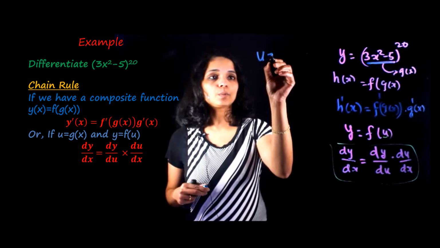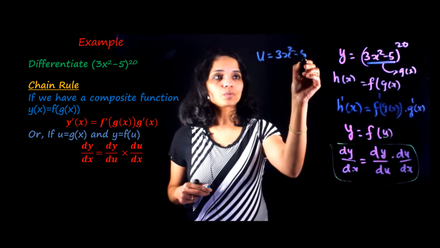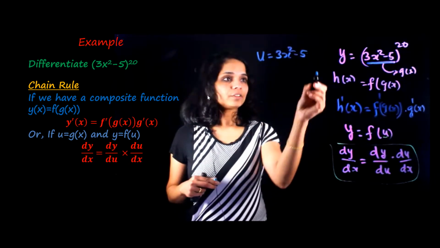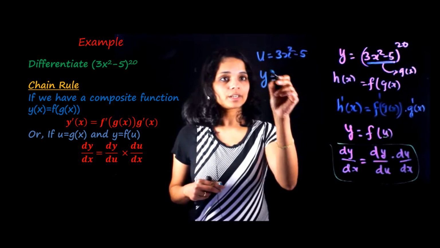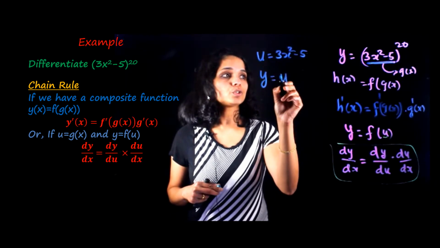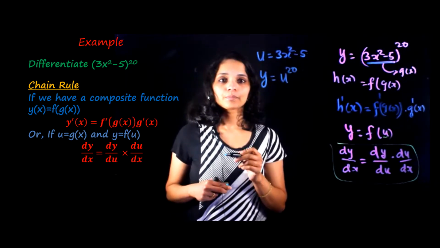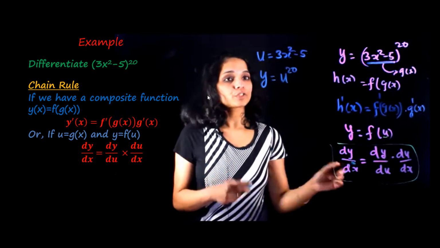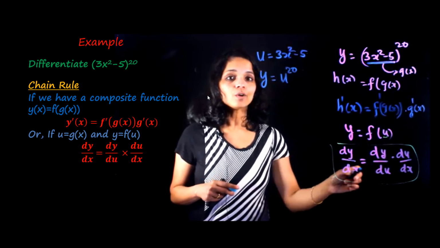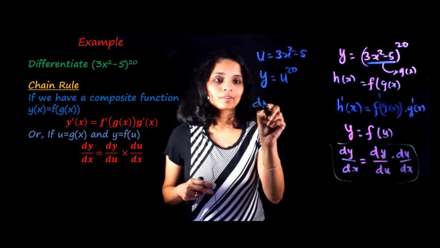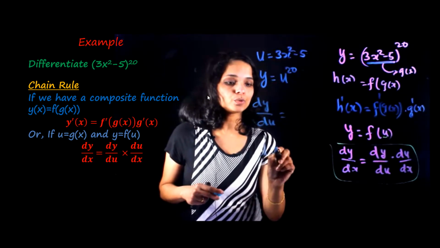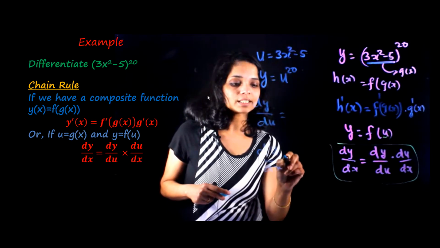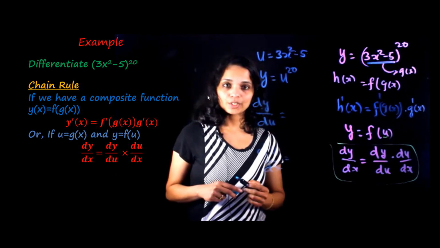So u equals 3x squared minus 5. And your y is then (3x squared minus 5) taken as u, to the power 20. All we have to do is find dy on du, and find du on dx, and multiply them together in this equation.